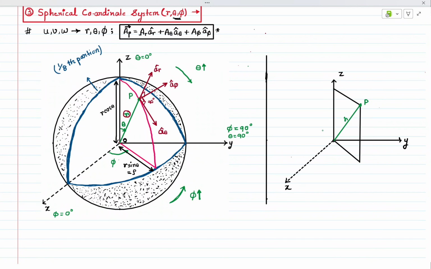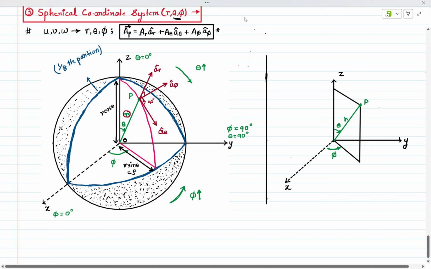And what is the theta? This theta. And this is phi. This is theta, this is phi. Now tell me, according to the trigonometry rule, if this is theta, I can also write this is also theta.